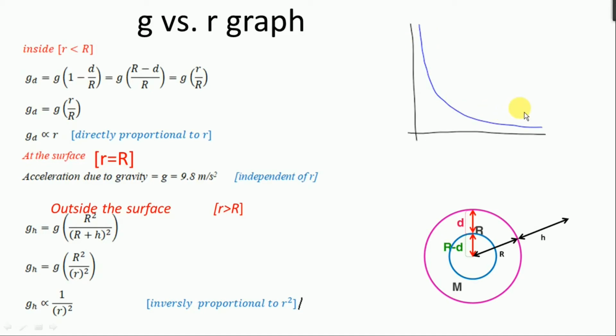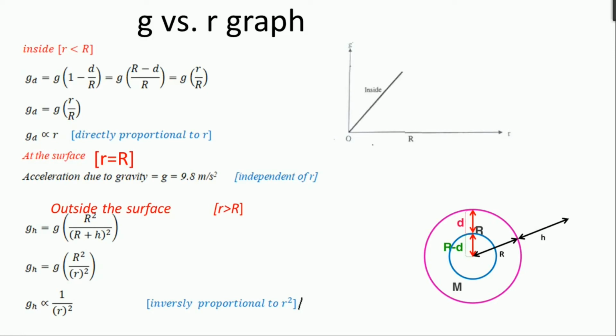Now we'll combine these three graphs to show the variation of g. So this is the graph. On this side we are plotting g, so I'm writing g dash here, and this side is the distance, and here is the distance which is equal to the radius of the earth. Inside the earth g is proportional to r, so we can draw a straight line. This is for inside.